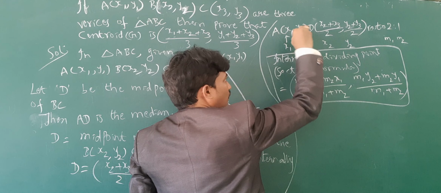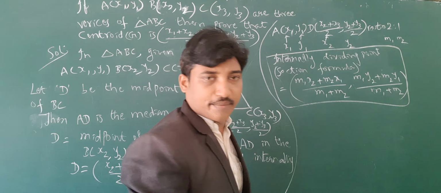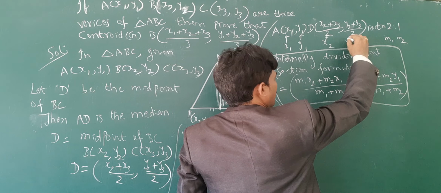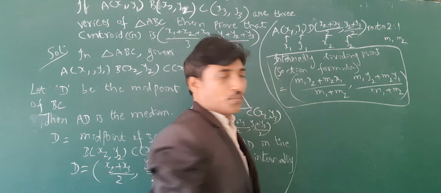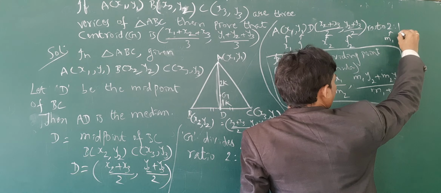Here x1 is x1, y1 is y1, in x2's place substitute x2 plus x3 by 2, in y2's place substitute y2 plus y3 by 2, m1 as 2 and m2 as 1.